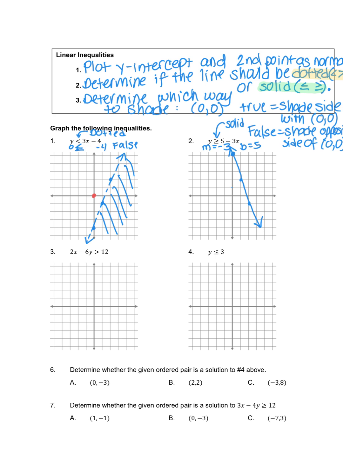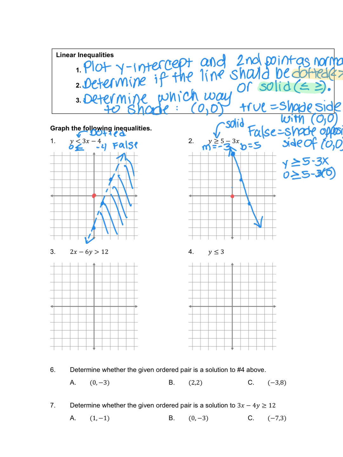Now we have to determine which side do we shade on. Well, let's test our point 0, 0 here. So I have y is greater than or equal to 5 minus 3x. Let's plug in 0 for our x and our y. So minus 3 times 0 is 0.